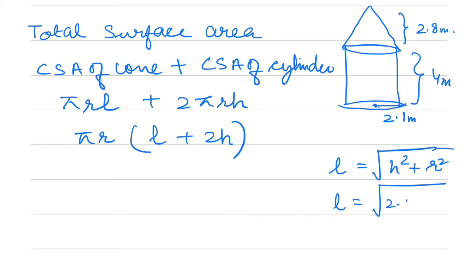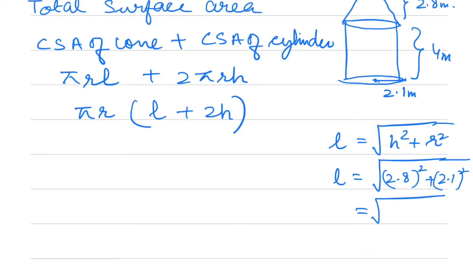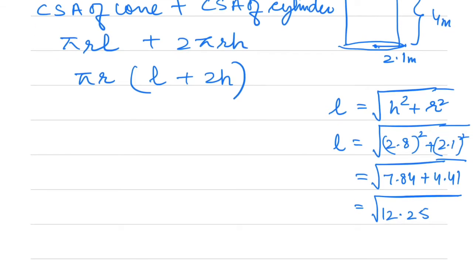So L is equal to, height is 2.8 whole square plus 2.1 whole square. So this is equal to 7.84 plus 4.41. We get here 12.25. Okay, so this is a perfect square, we know.